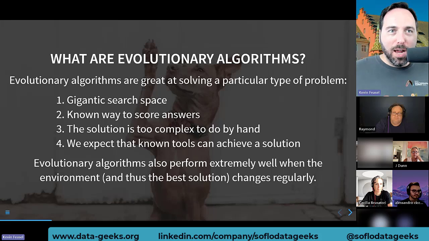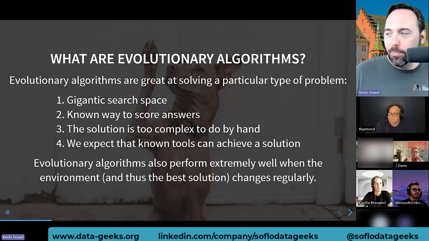These are problems where there is a solution. They're not impossible, but there's not necessarily an optimal single solution or a single algorithm that will automatically give you the best solution. And this is where evolutionary algorithms really rule the roost.